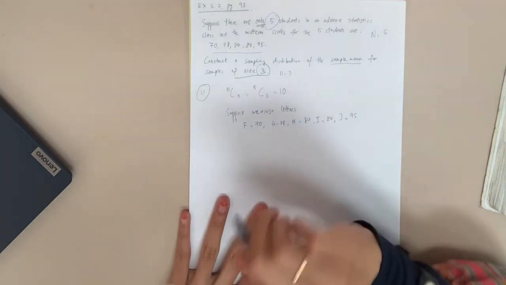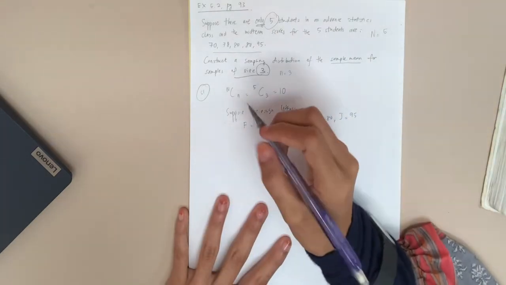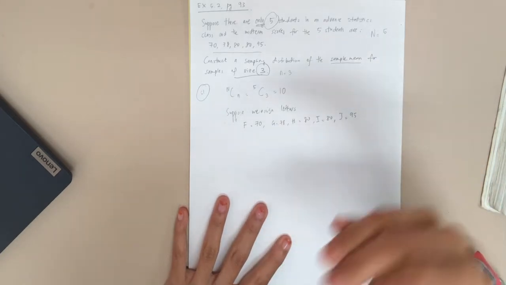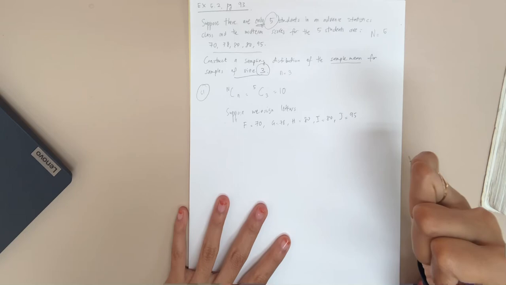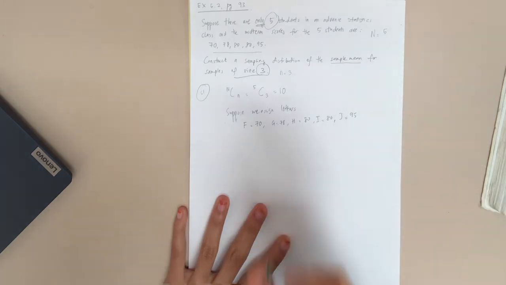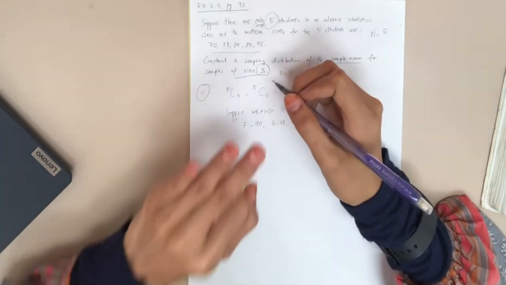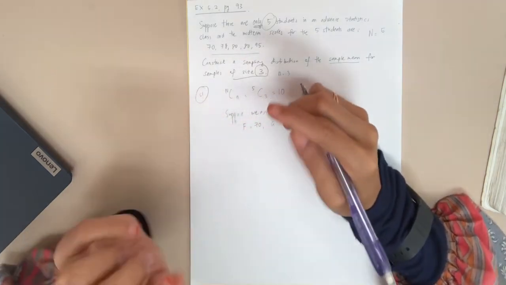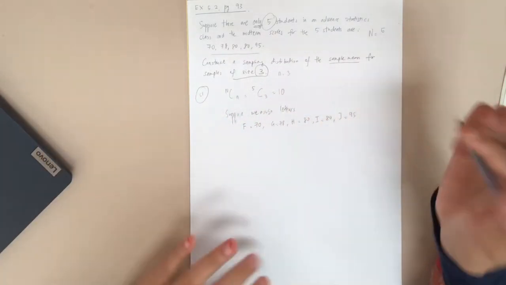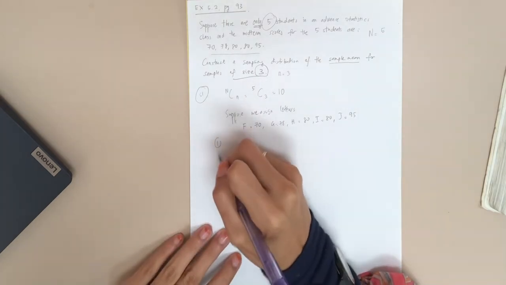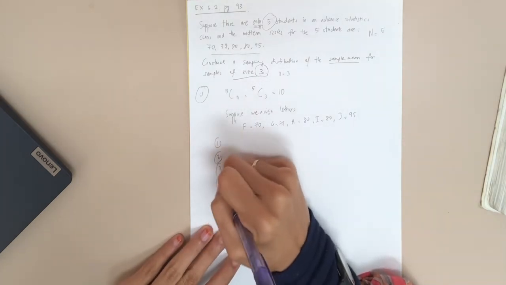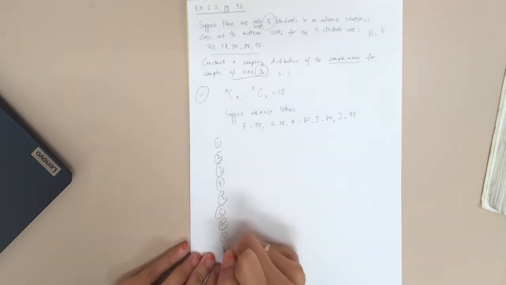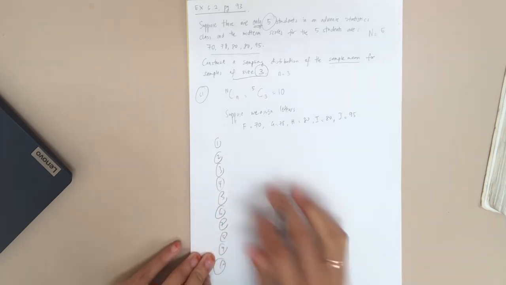You need to list down all the possible outcomes. Here you need to be creative, you need some skill. We know that we need 3 students in one sample, and we have 10 samples. Maybe we can write the numbers first so we can keep track of how many possible outcomes we already have.